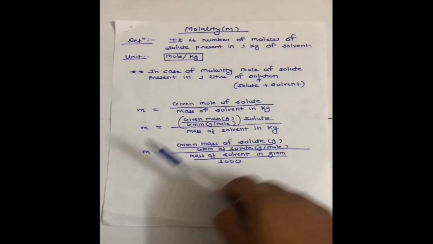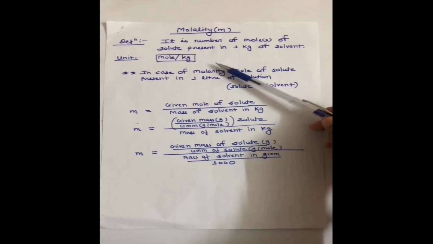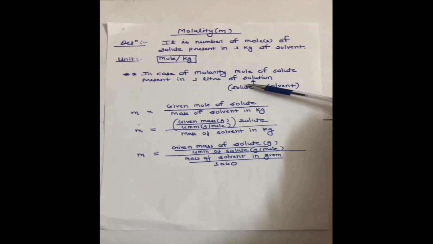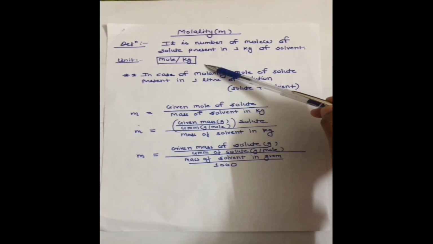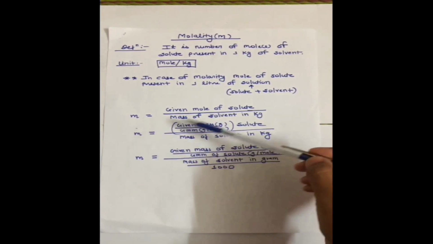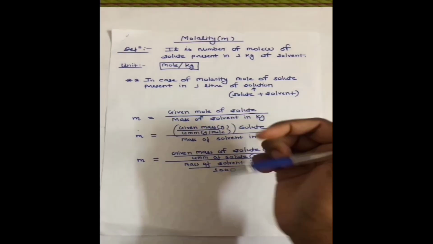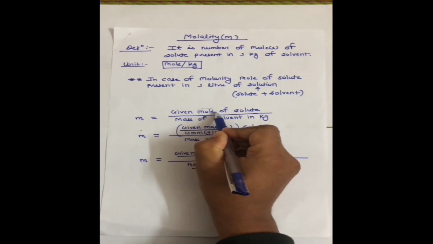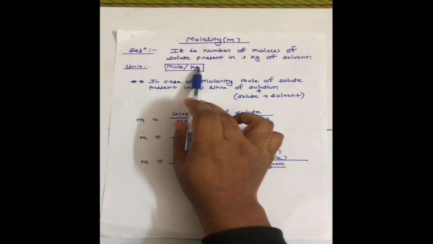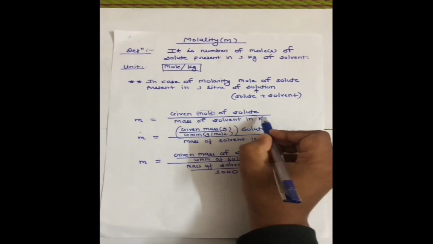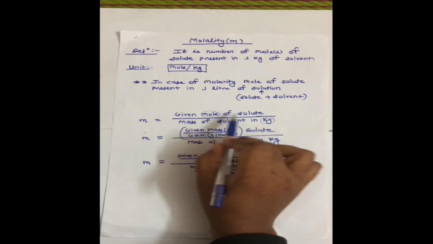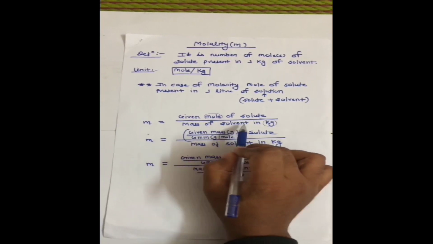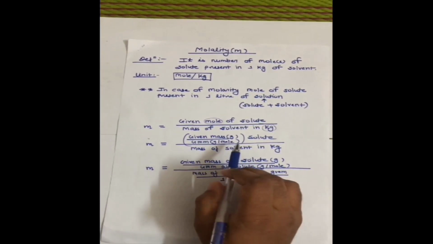So, how can we derive an expression for molality? Remember its unit, mole per kg. That means small m equals mole per kg, that is, given mole of solute divided by mass of solvent in kilogram.